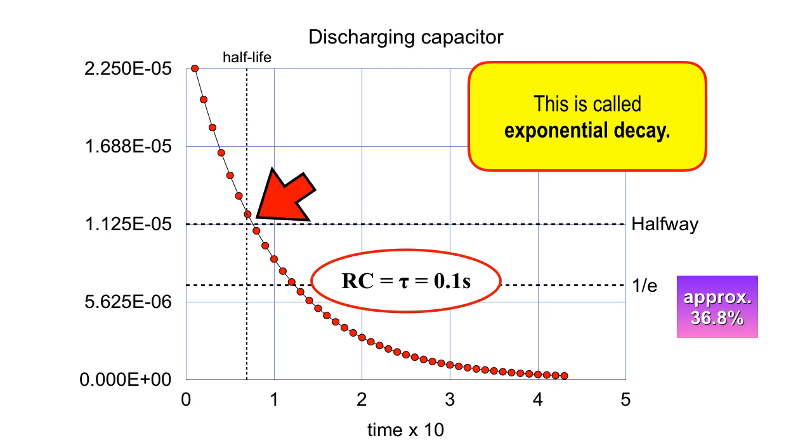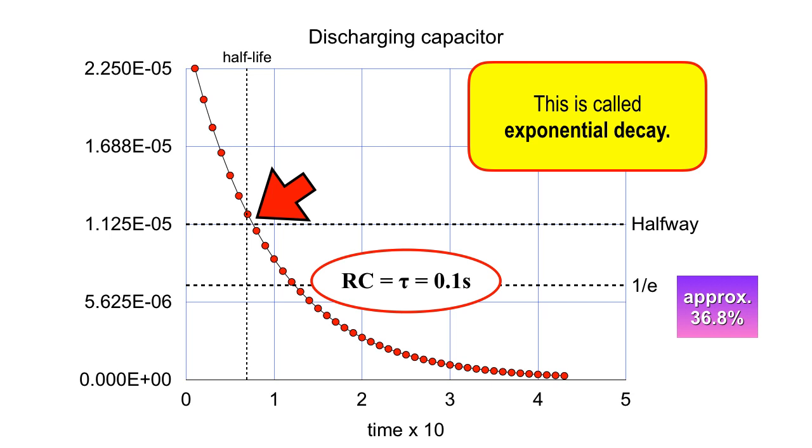RC is simpler, but it's not a simpler percentage. That's the 1 over E drop time. So that's approximately 36.8%. So the half-life is tougher to calculate with logarithms and stuff, but it's based on the RC time constant. And the half-life is where you get down to halfway from where you started.